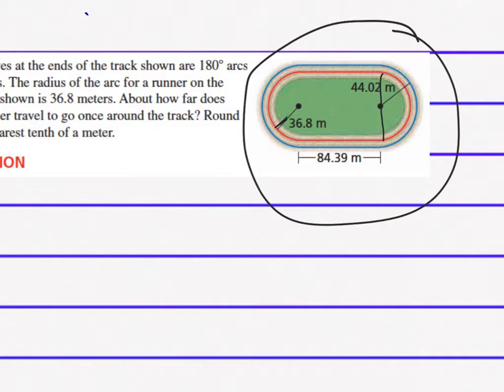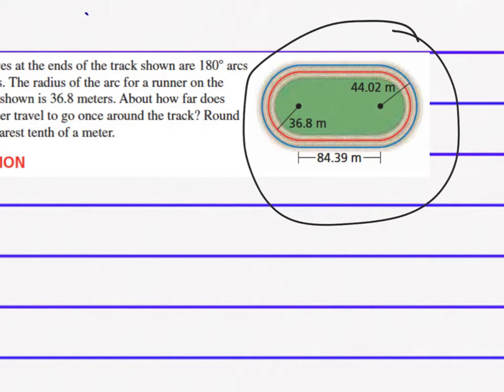I didn't draw that line very well. Let me redraw it. So here it's supposed to go through the center. That is my semicircle. And here's the radius, 36.8. Same thing over here, but the radius is 44.02 meters.